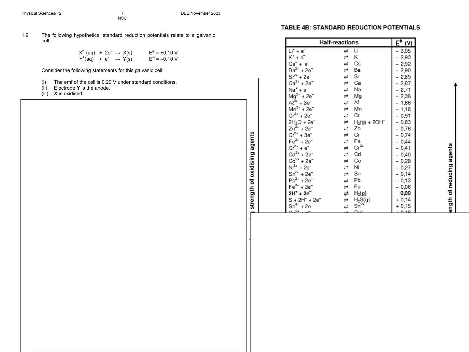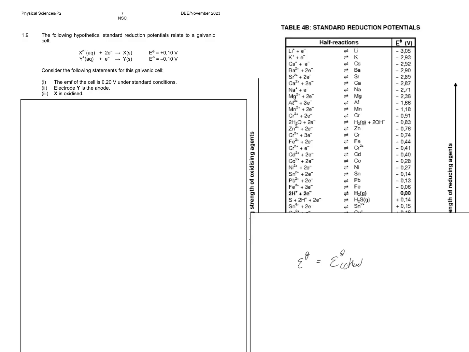They say the EMF of the cell is 20 volts under standard conditions. So now they told you that this was a galvanic cell. And when you do the calculation for the EMF of it, what you do is you take the cathode, which is at the bottom, and you subtract the anode, which is at the top. So the formula is given on your formula sheet. I don't want to get this wrong, but it's something like this.